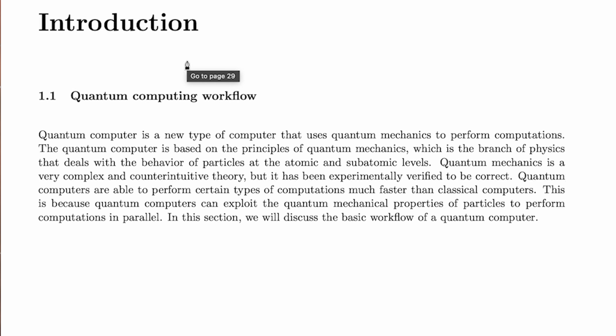We can compute with them. We can also use them to create quantum sensors and to send and retrieve information with them in quantum communications. Quantum mechanics is a very complex and counterintuitive theory, but it has been experimentally verified and it is correct. Nothing wrong about quantum mechanics.